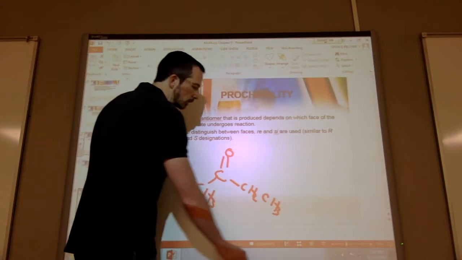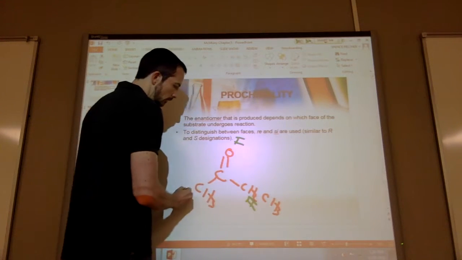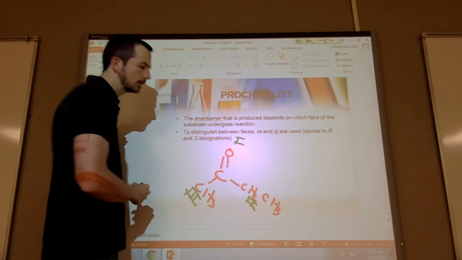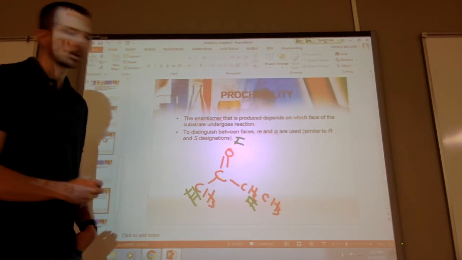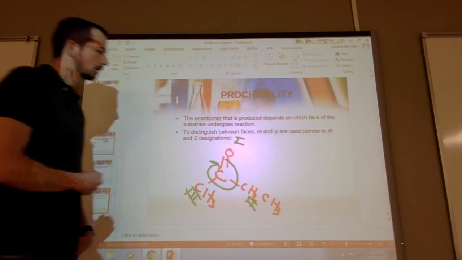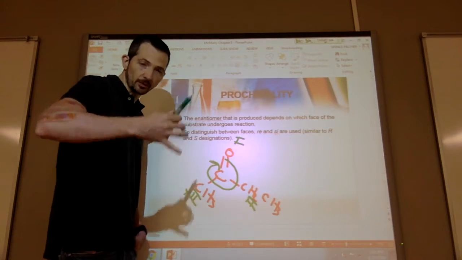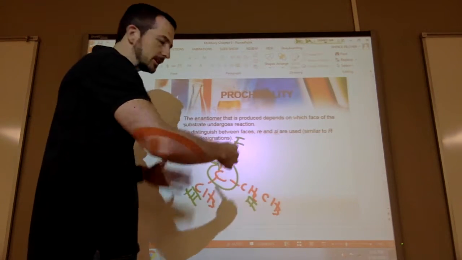I'm assigning priorities here: 1, 2, and 3. Okay, so I go 1 to 2 to 3, and that is clockwise. And this is the direction I'm looking at. I'm looking at it from this side.